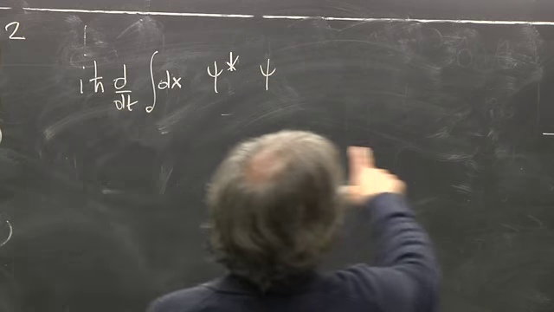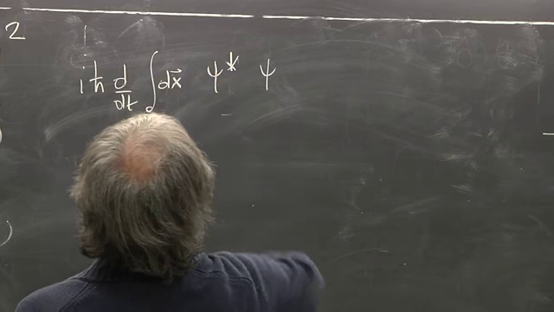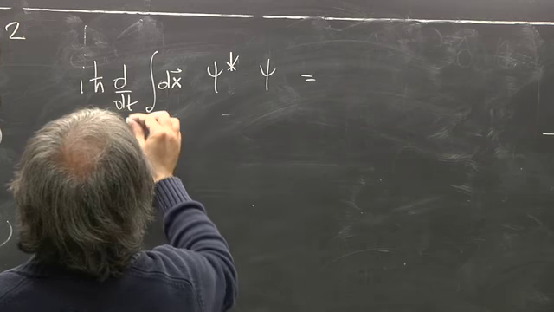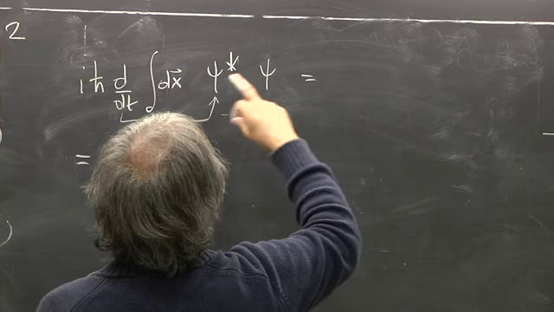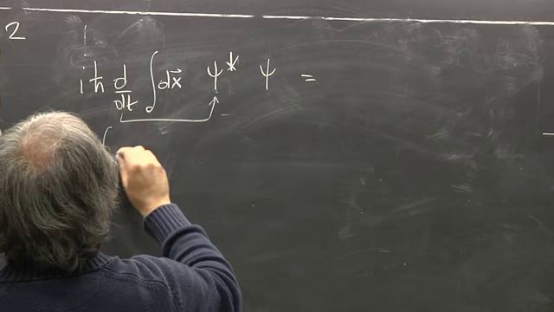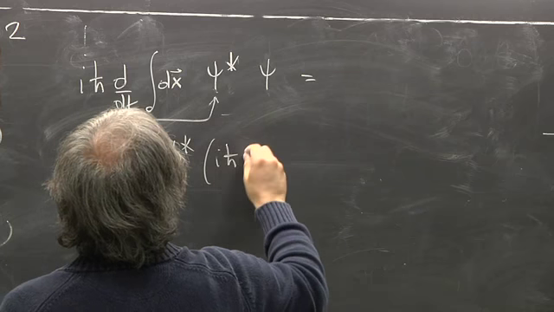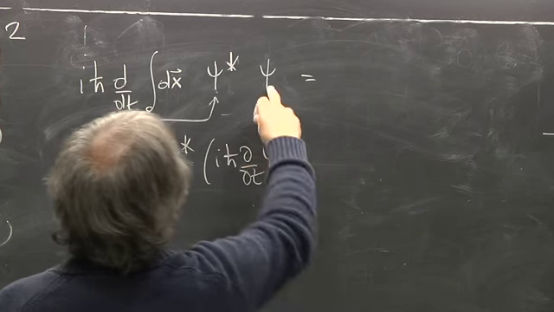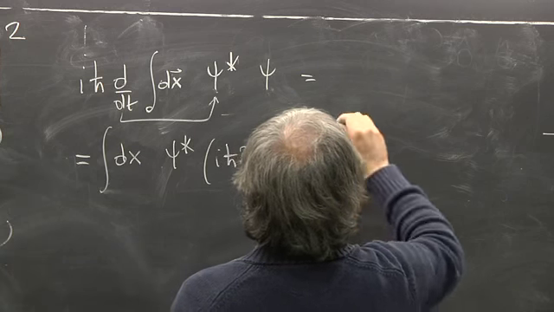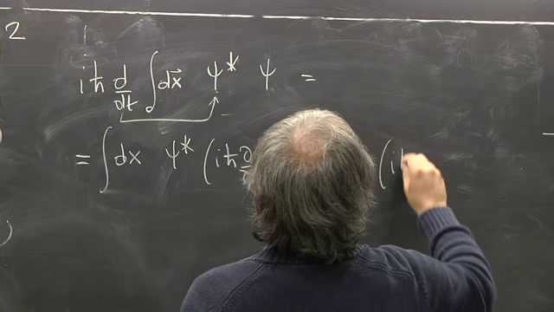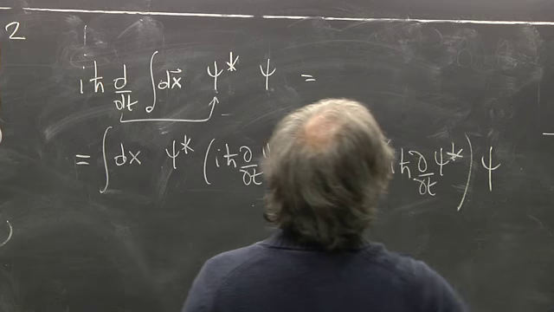Okay, so this is the object there, P, integrated over x, taking derivative. I take the derivative of this, and I leave that untouched, or the derivative of that, and I leave that untouched. So there are two contributions. One is this, psi star i h bar, the derivative of psi, when I take the derivative on the right, plus integral in dx i h bar, the derivative of psi star times psi.